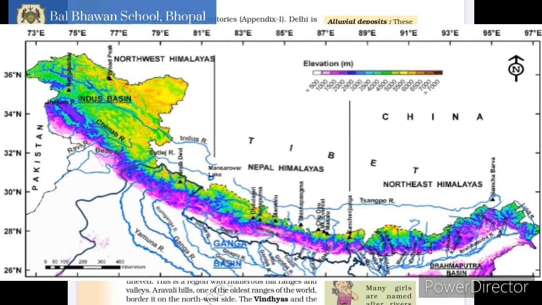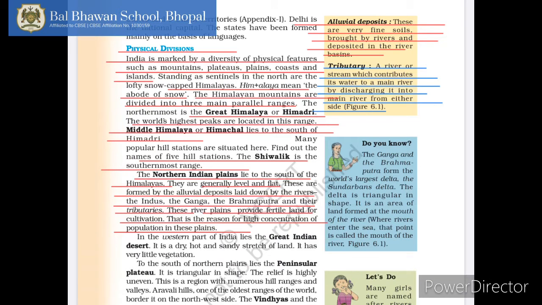When we talk about the world's highest peak, it is definitely located in the Himalayas. Middle Himalaya is also known as Himachal, which lies in the south of Himadri. Then the Shivalik hills are the southernmost range.